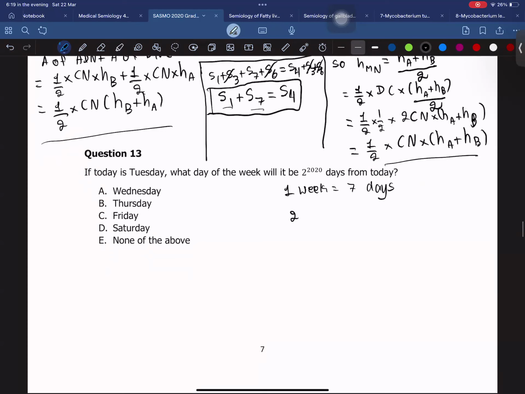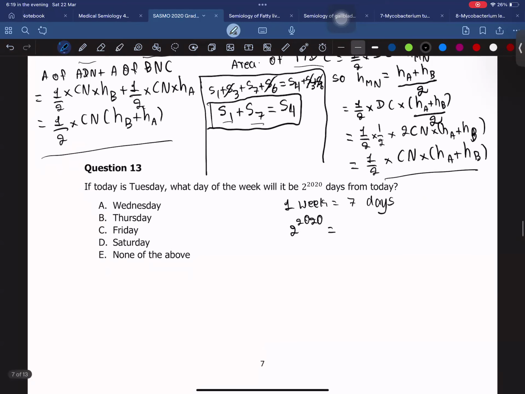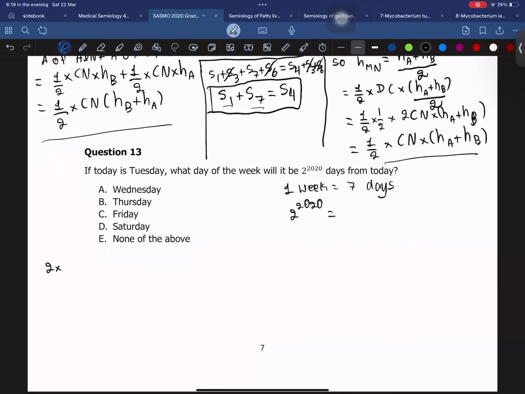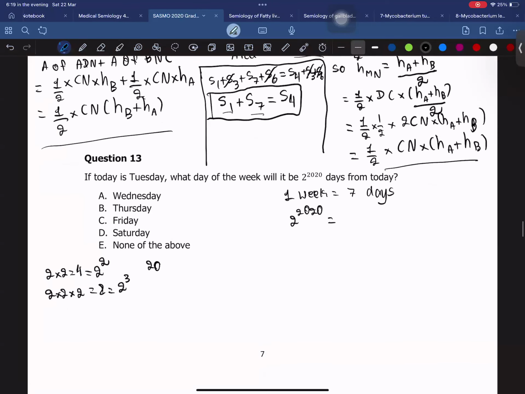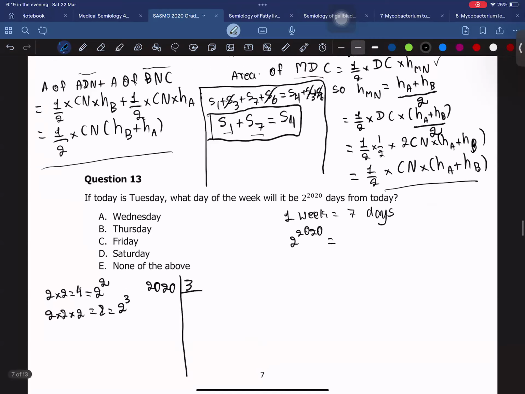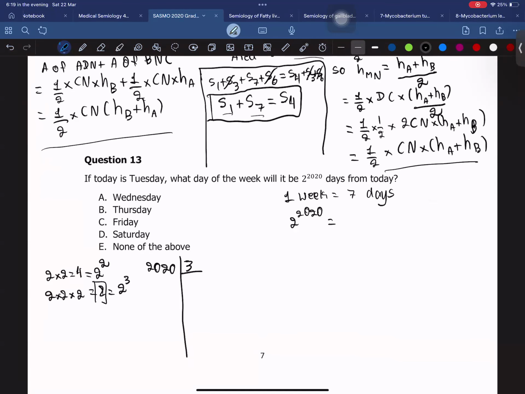In here we have 2 to the power of 20. You may not know that 2 times 2 is equal to 4, which is 2 squared, and 2 times 2 times 2 equals 8, which is 2 to the power of 3. So in here we have 20, so we need to divide by 3. The purpose is that we need to find the value of the day, so we can use modulo to solve this exercise.